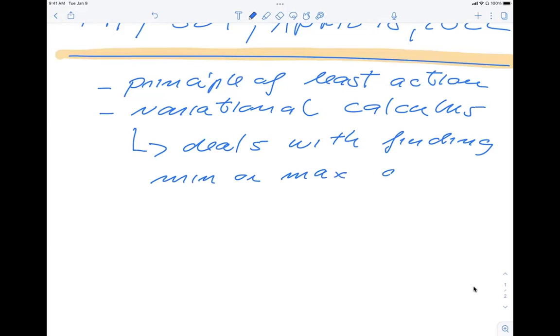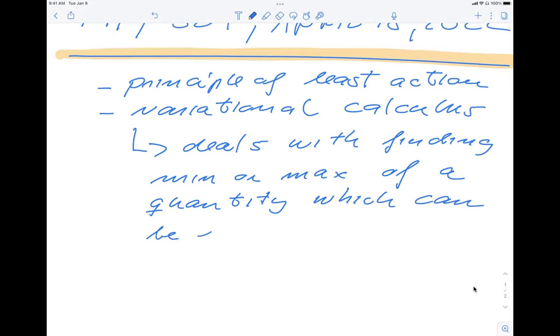of a quantity which can be expressed as an integral. One of these quantities would be, for instance, to prove that the shortest distance between 2 points is a straight line. We are going to see that a little bit later.